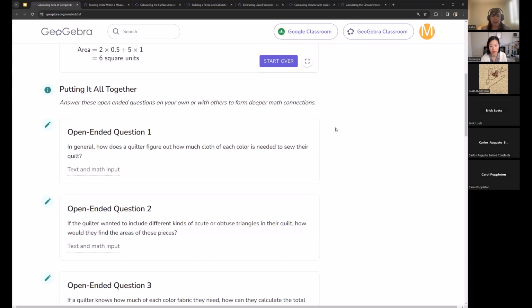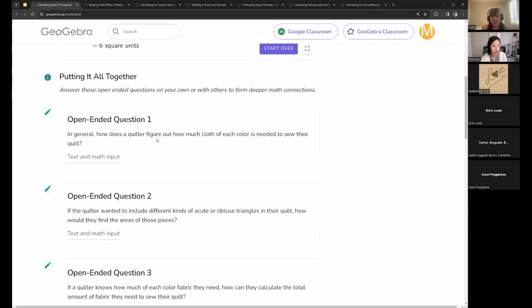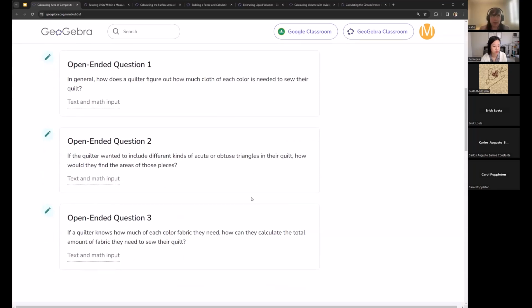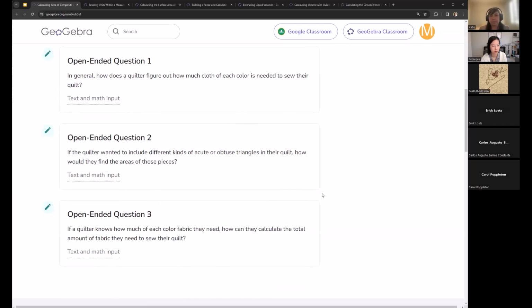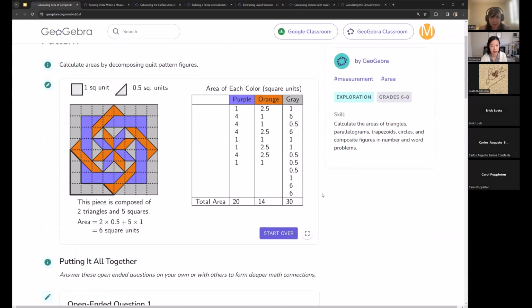It's more how would you go about doing this? How does a quilter figure out how much of each cloth or each color is needed to sew their quilt? And get students thinking less about the end result, the final answer, as about the process of the math itself. So yeah, I really enjoyed this.